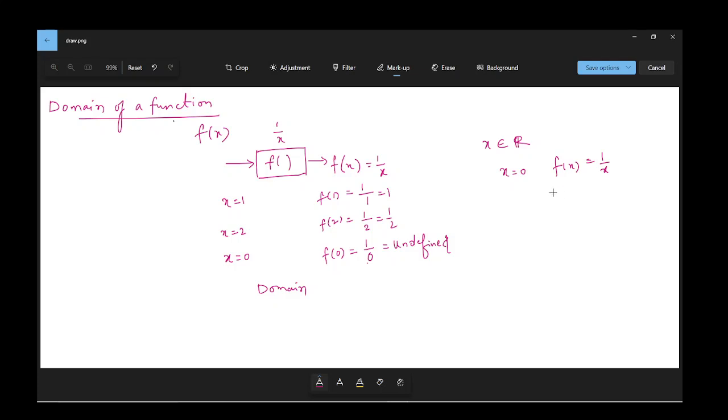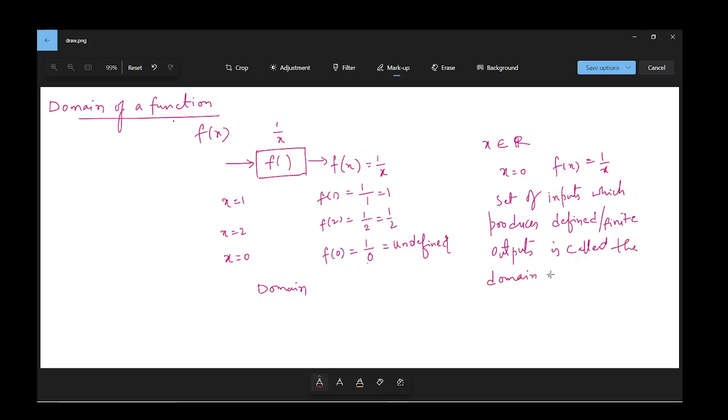So the inputs which produce defined outputs or finite outputs, or we can say the set of inputs which produces defined or finite outputs, is called the domain of the function.